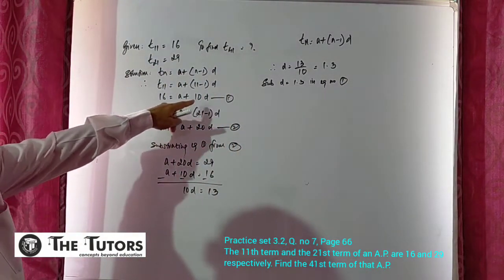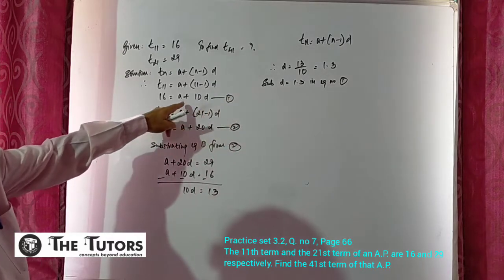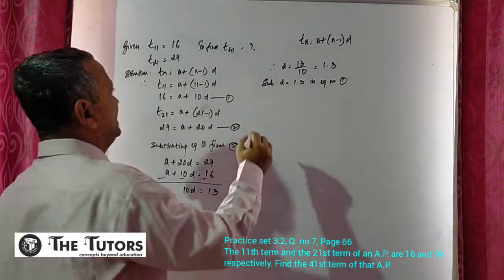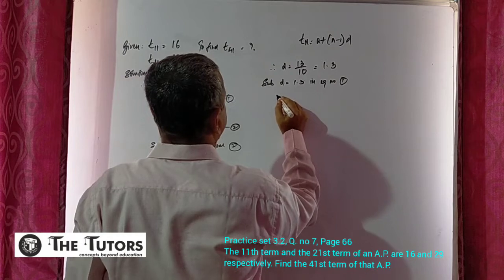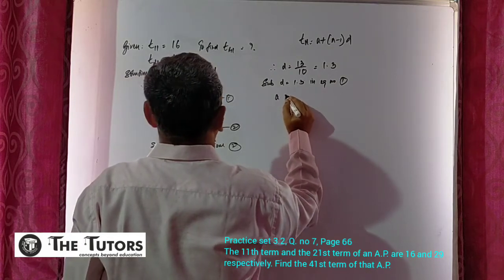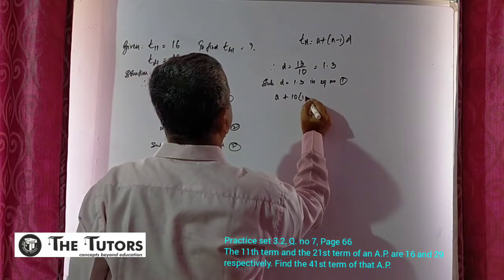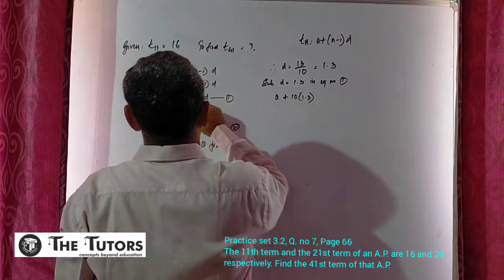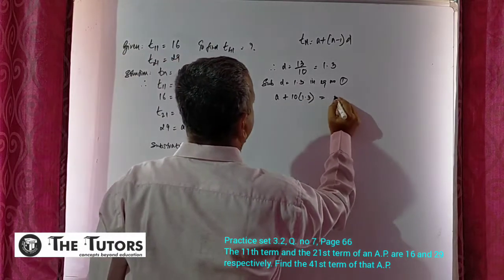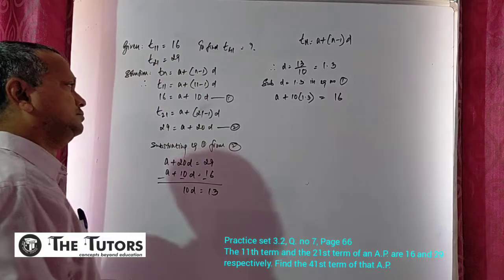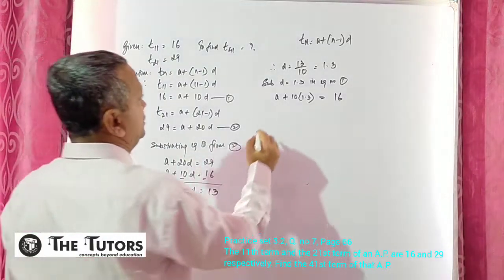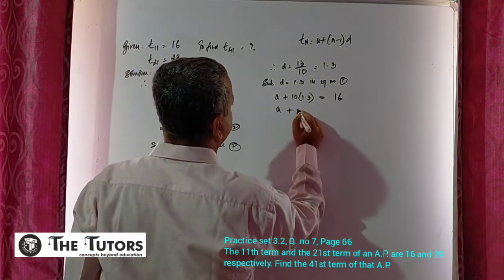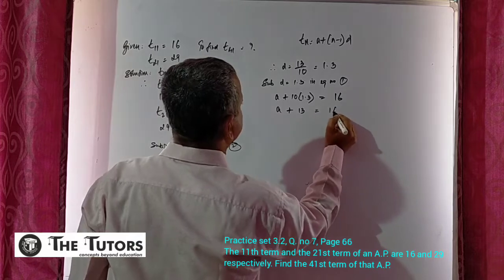Substituting d is equal to 1.3 in equation number 1, you get a plus 10 into 1.3 is equal to 16. So you have a plus 13 is equal to 16.